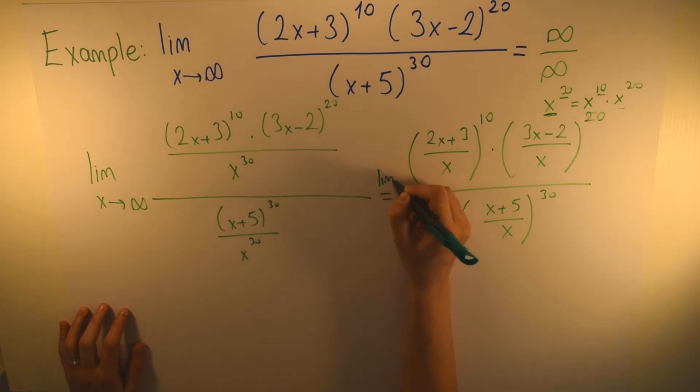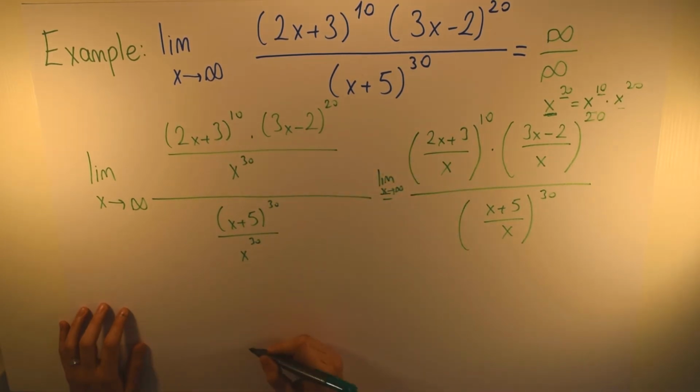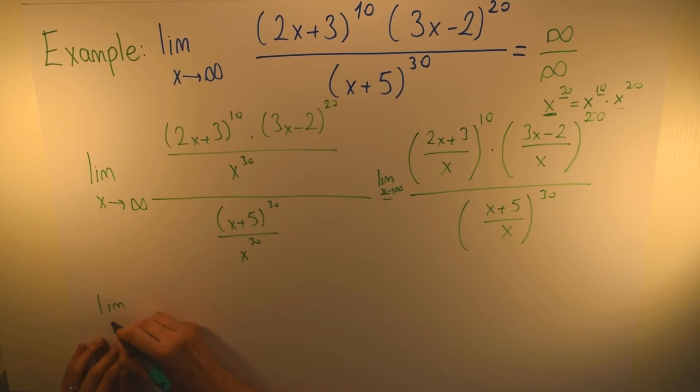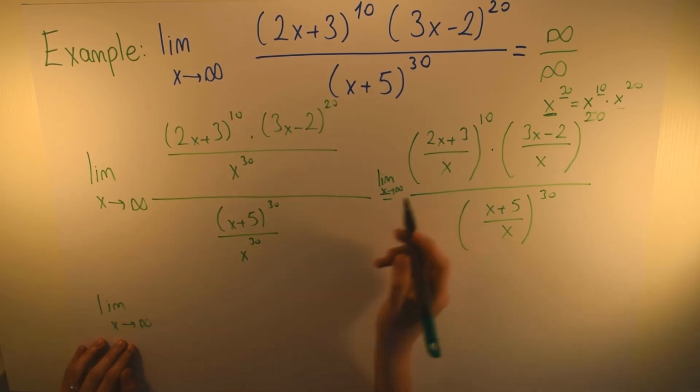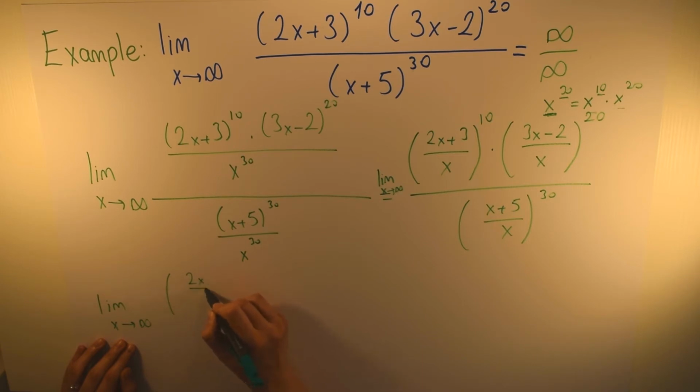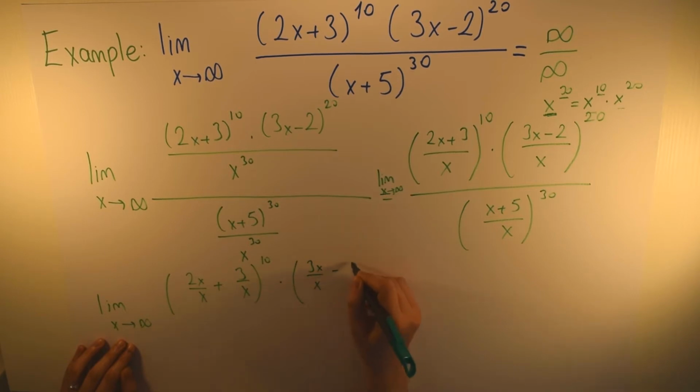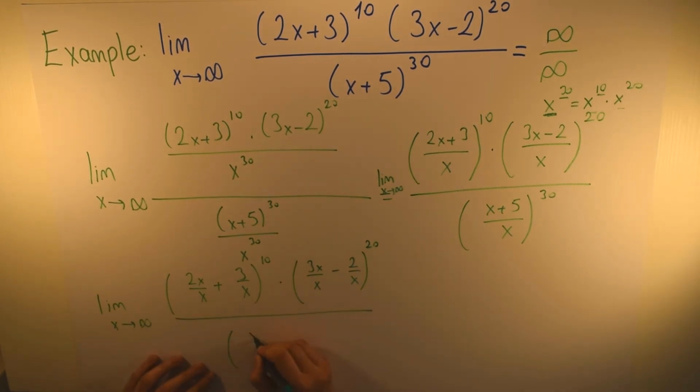Here of course we have the limit as x approaches infinity of ((2x over x plus 3 over x) to the power of 10 times (3x over x minus 2 over x) to the power of 20) over (x over x plus 5 over x) to the power of 30, right?